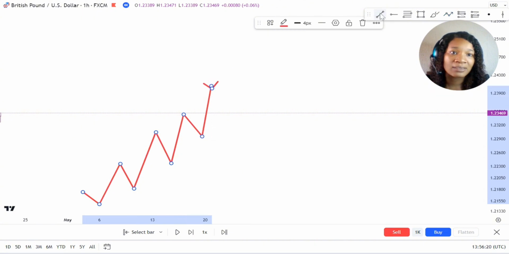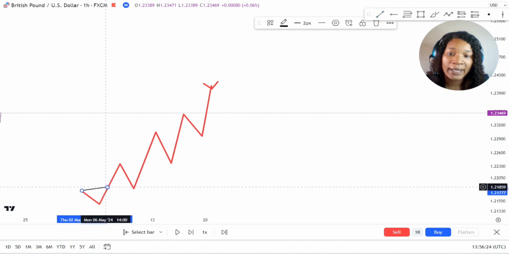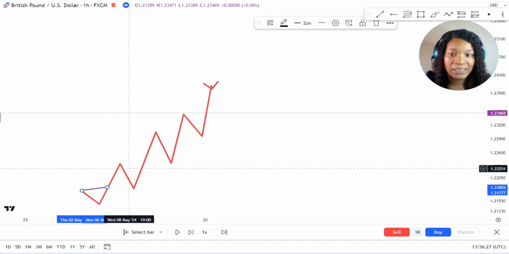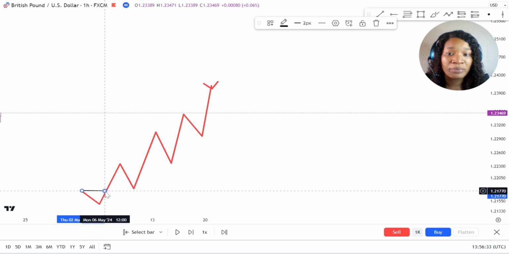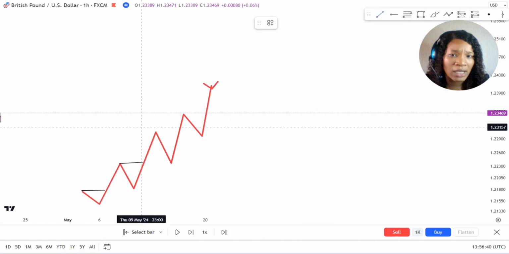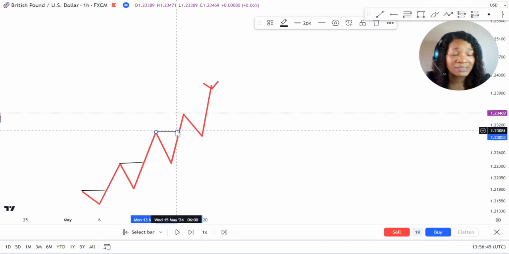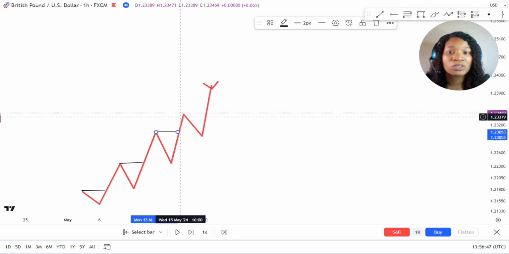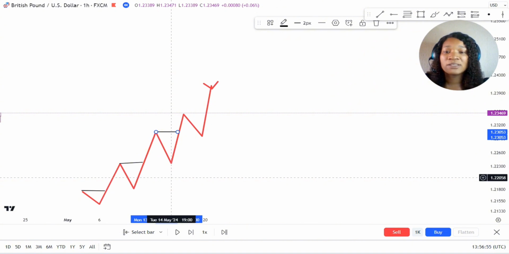At this point where price breaks the last swing high to establish another swing high, that is what we refer to as a break of structure. Another break of structure right here. I made another video one time about break of structures. I will link it up right here so that you can get a better understanding of break of structures. But I just want to use it to explain something.